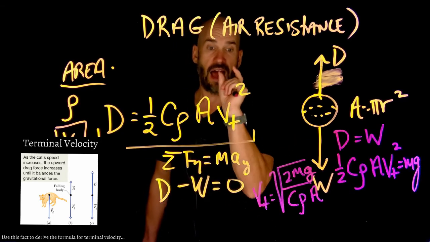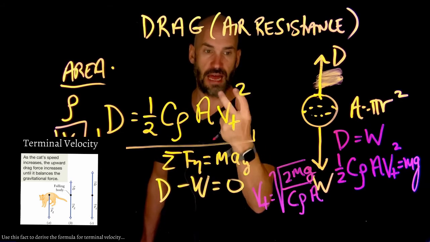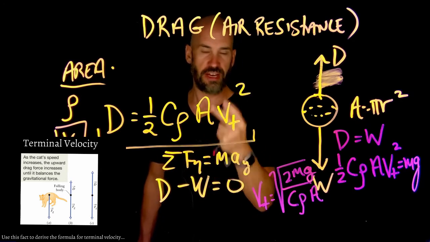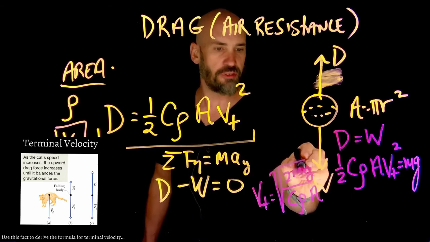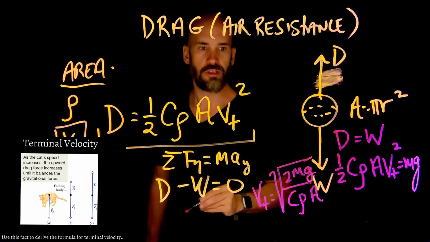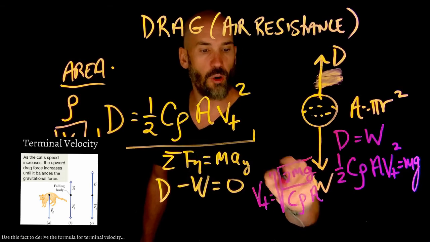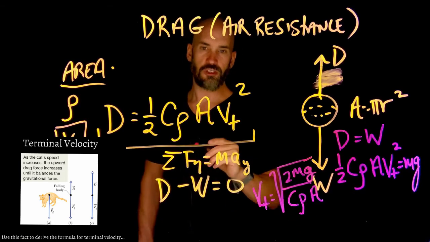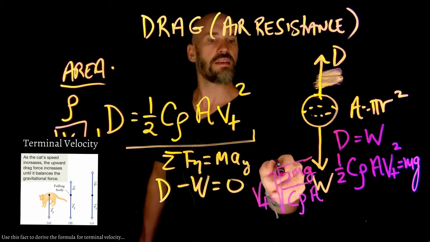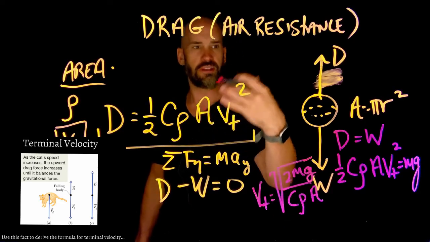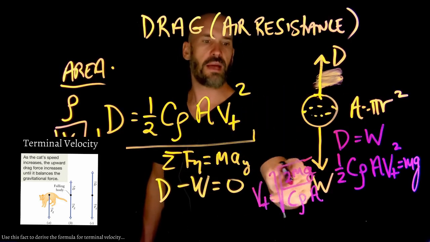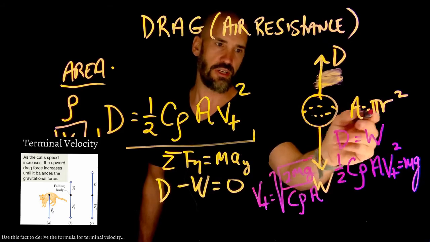You're going to have a higher terminal velocity if the object weighs more, because it has more inertia, times whatever the gravity is on that planet, and on Earth it's just g, divided by the coefficient of drag, which is something you'll be given, times the density of whatever you're moving through, in this case air, times the cross-sectional area of the object.